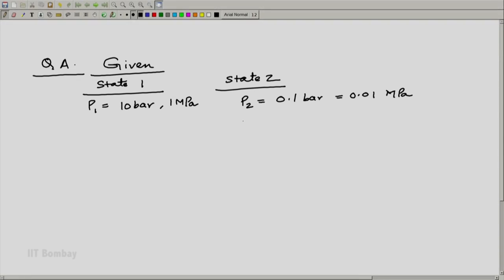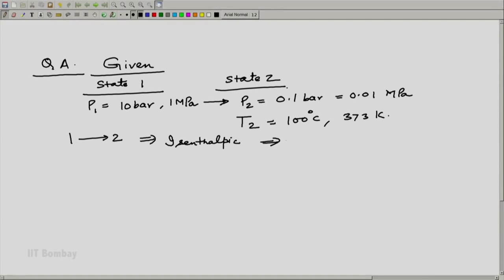Also, what has been told is the temperature after expansion, which happens from 1 to 2. So, T2 is equal to 100 degrees centigrade or 373 Kelvin. We know that the process from 1 to 2 is an isenthalpic throttling process, which means that H1 is equal to H2.